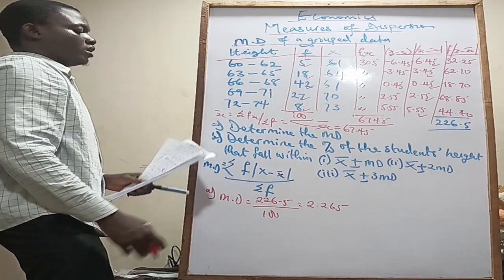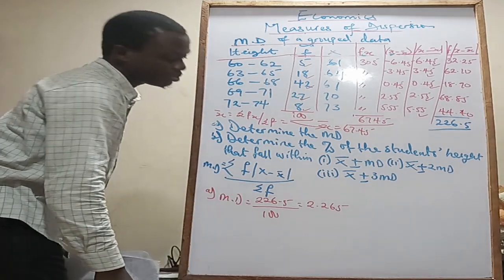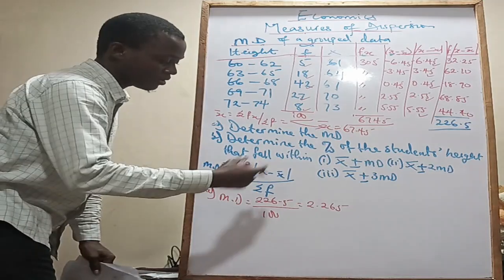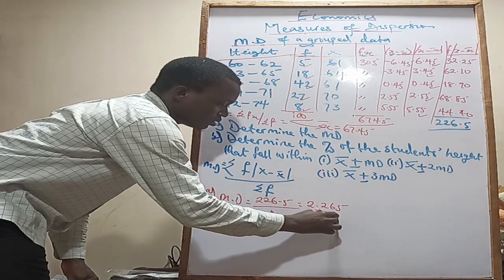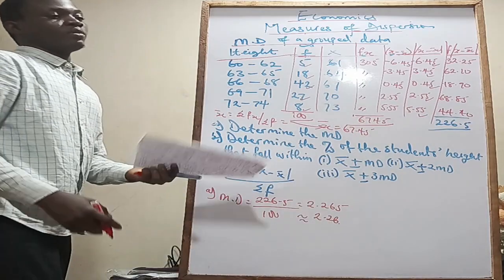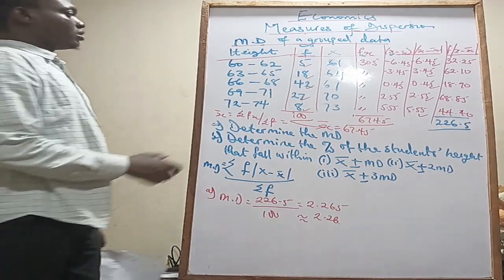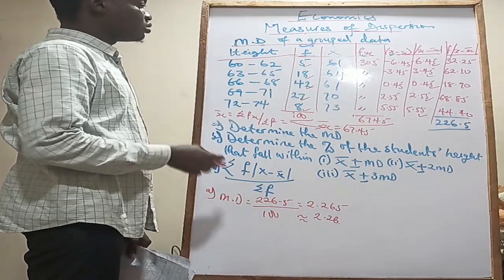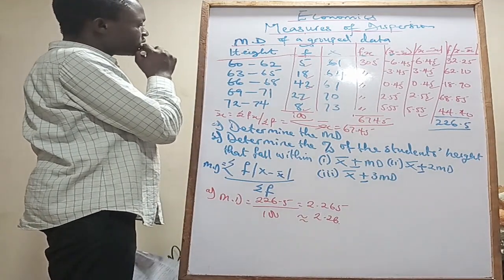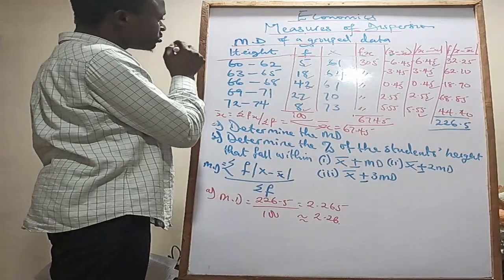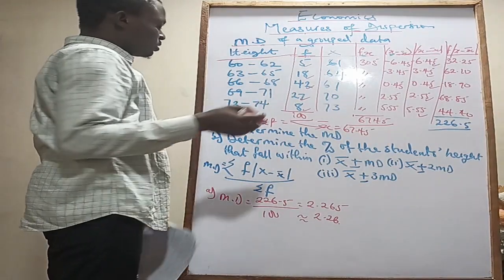So 2.265 is approximately 2.26. Right, so just if we look at this class boundary and whatever that we do, okay, it's not here. This guy, what is it? Anyways, let's do it.